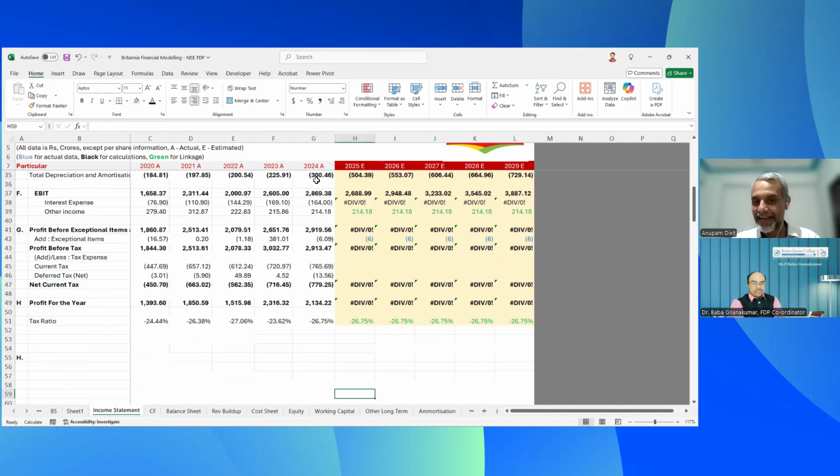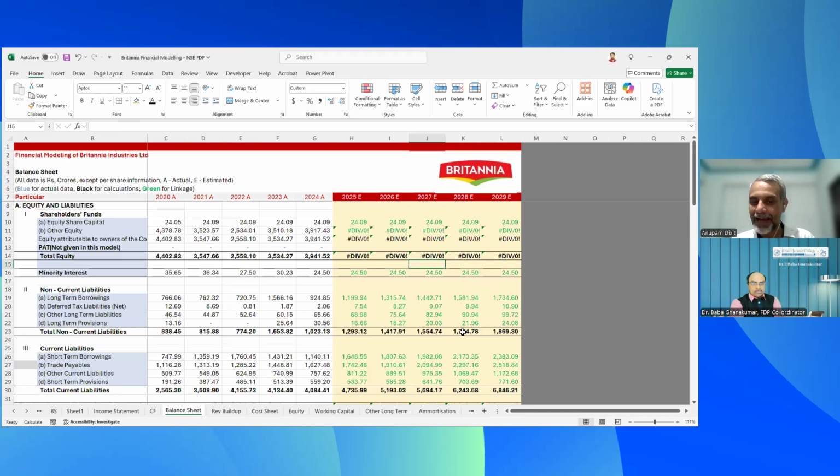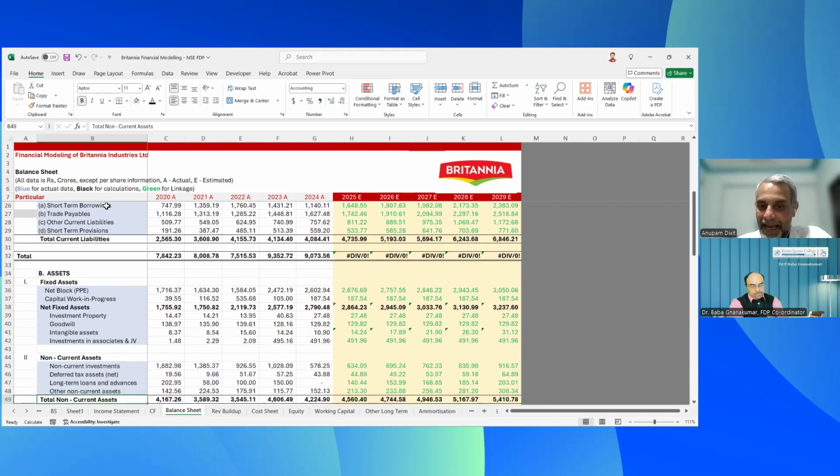So there is some problem coming in here, a division error. Why? Because I have changed a certain value, right? Let's go to those values and figure it out. So now we are in one of our other sheets, the balance sheet, the equity and liability side, and then we are going to our assets side, right?